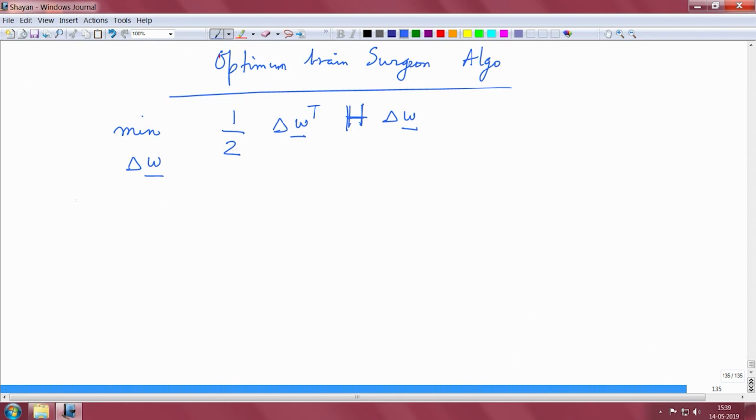So, we set the ith component of delta W to 0 and we minimize over all the weight vectors that remain after this component is set to 0, right.